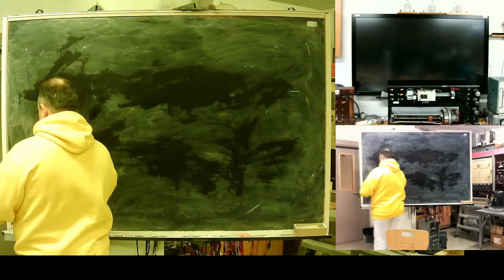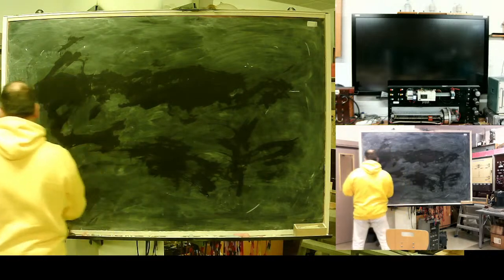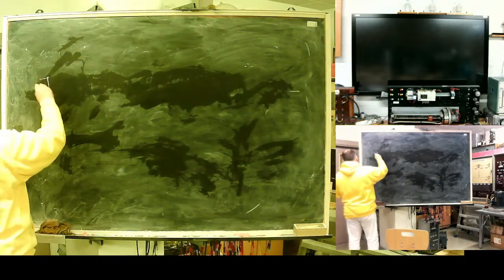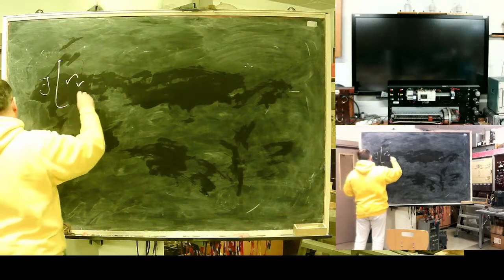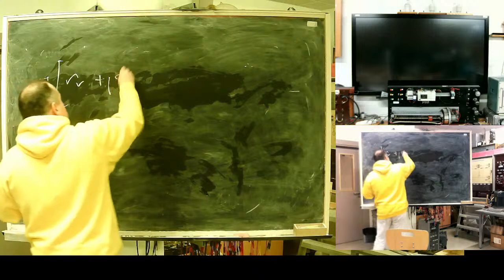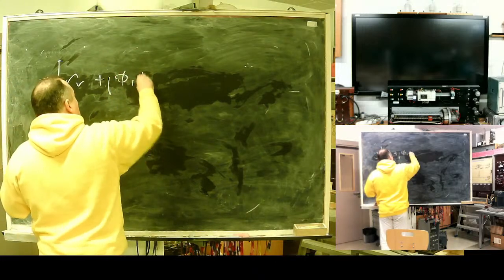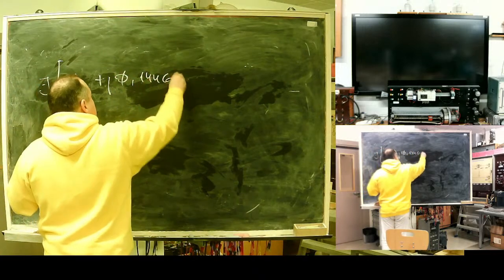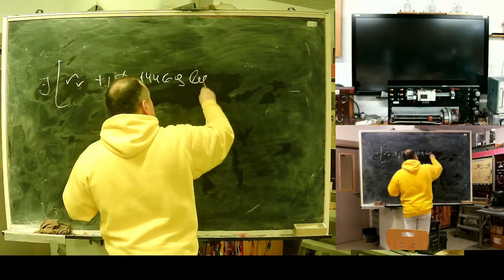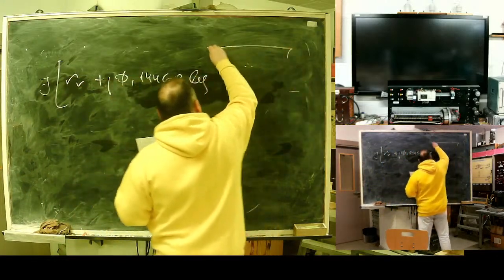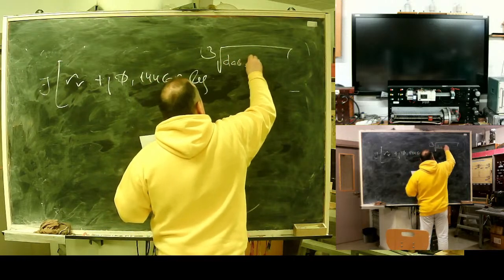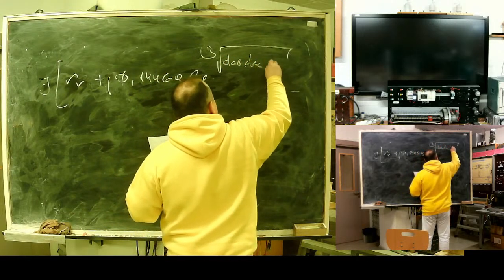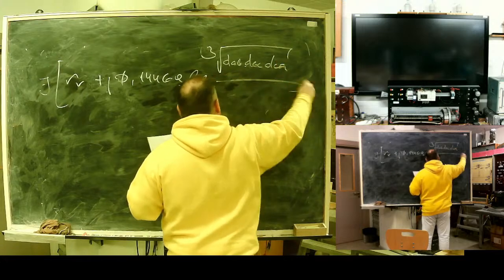Now, because I have a minus sign, I will write current, resistance of wire plus 0.14469 logarithm of cube root of DAB DBC DCA divided by the average geometric radius of my wire.